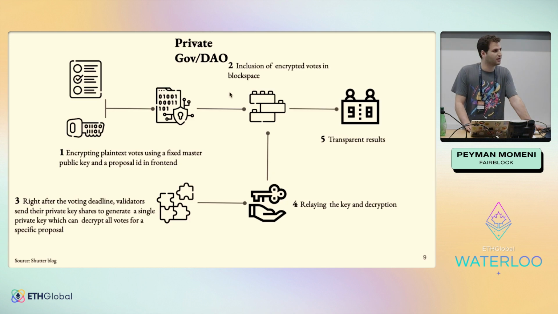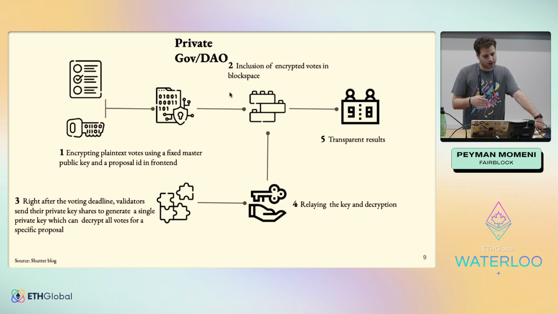And the other idea that we've implemented is private governance and DAOs. So the basic idea is that we can encrypt your votes, right? And your votes will be encrypted up to the point of the deadline for the voting. Nobody can see other people's votes, but everything will be transparent after the deadline.